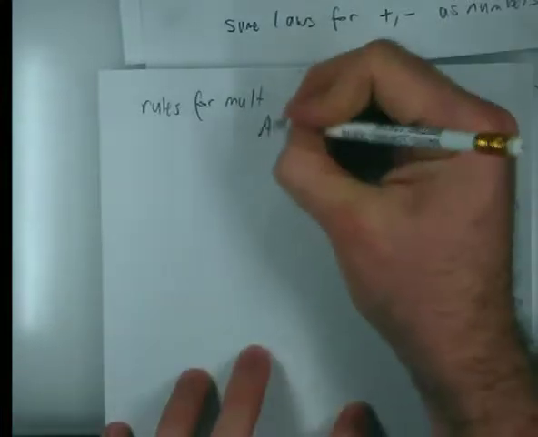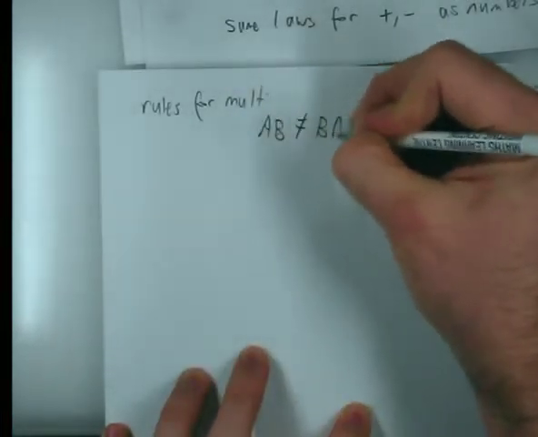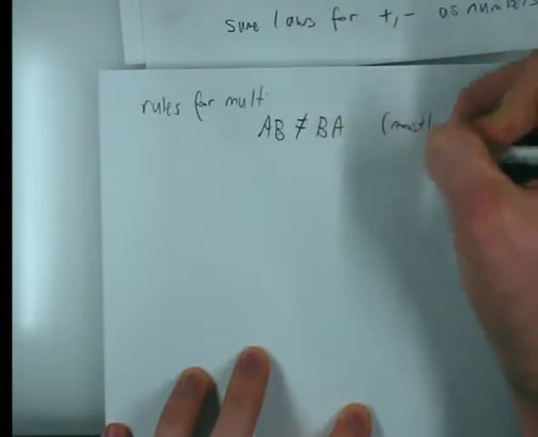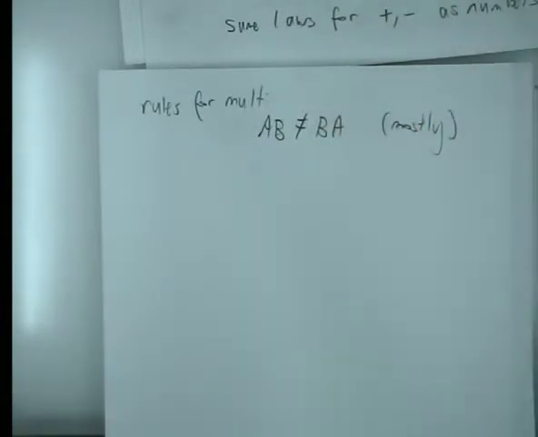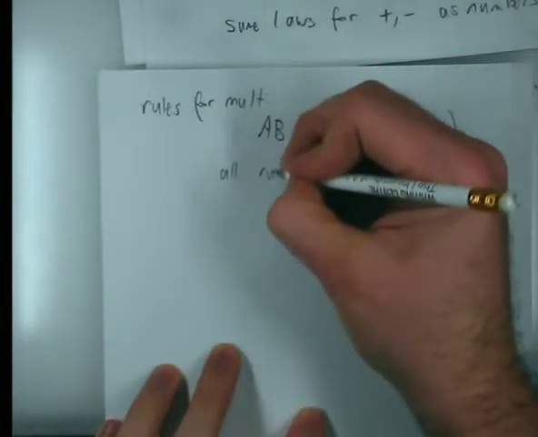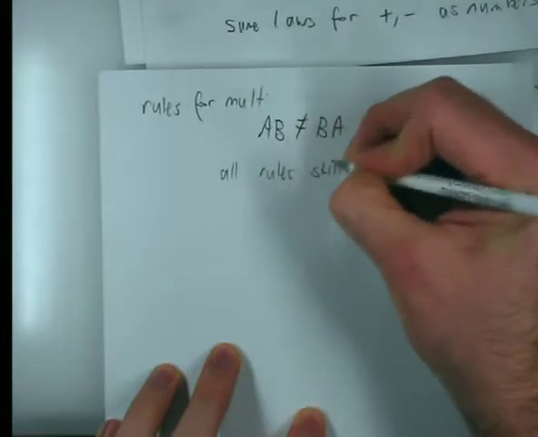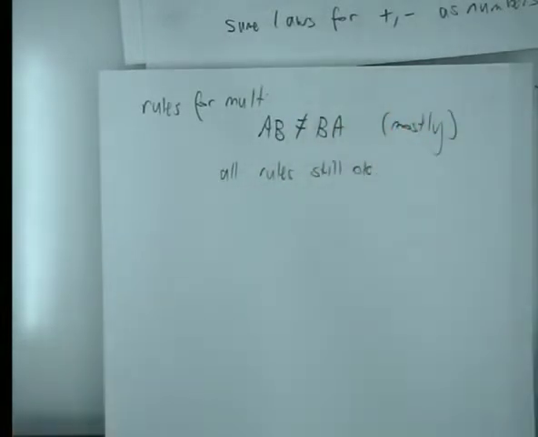Okay? So mostly AB is not the same as BA. Sometimes in rare circumstances it does come out right. But other than that, all the rules still work. Okay? Except you have to be really careful what side things are on.